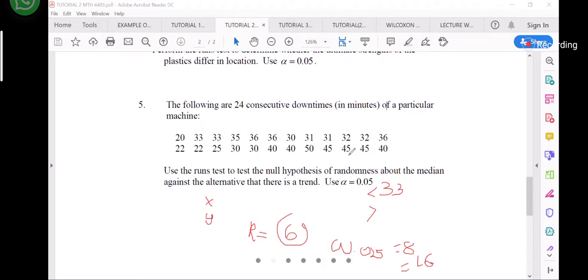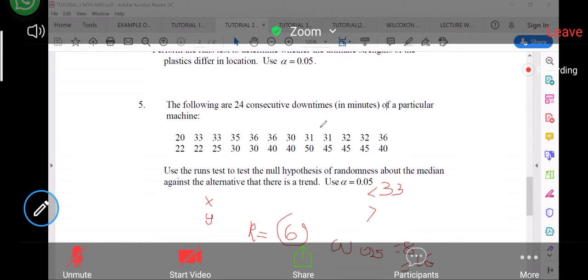If the value of the sample does not appear in the table, you may treat it as a large sample. For large samples, you have to remember how to test for randomness. It's all from the small sample. For a large sample, how do you test the hypothesis?